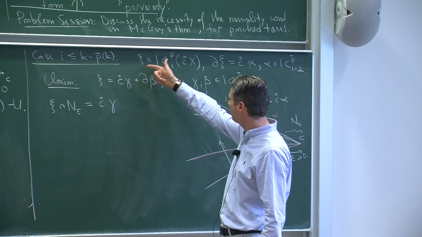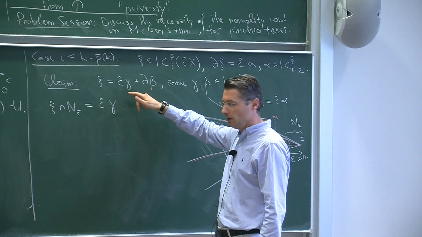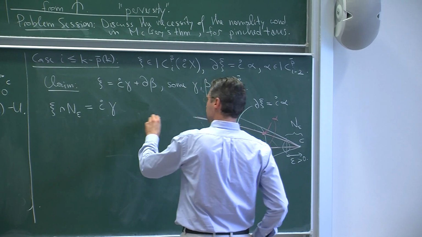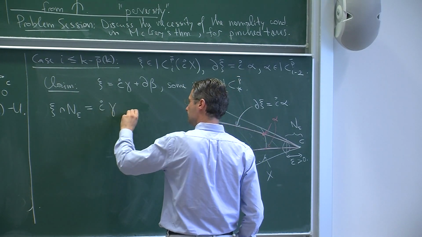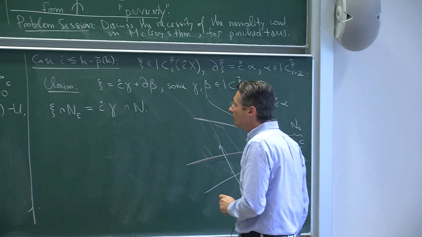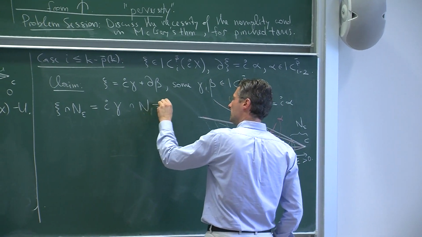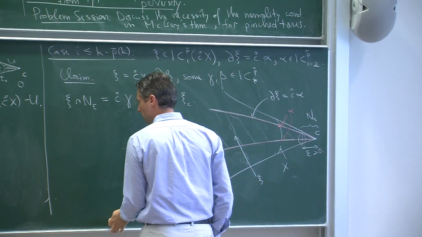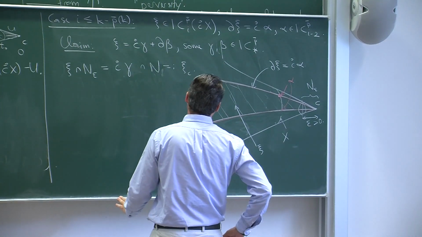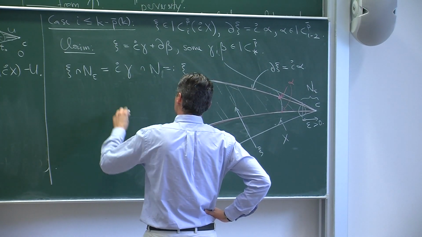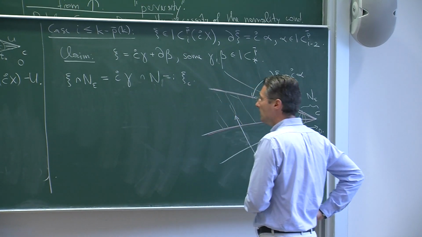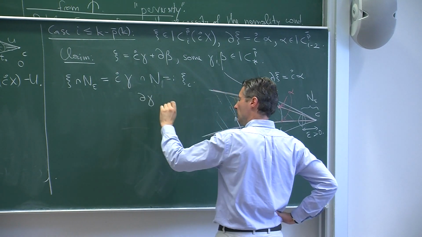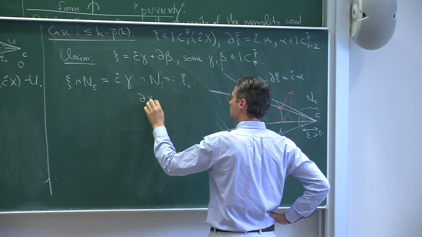And since the chain itself satisfies the intersection chain condition, so does this chain, because it is Xi. So we have that. Let me perhaps call this Xi C, for Xi near the cone point. So the gamma, of course, which is a chain in X, must have as its boundary the alpha.